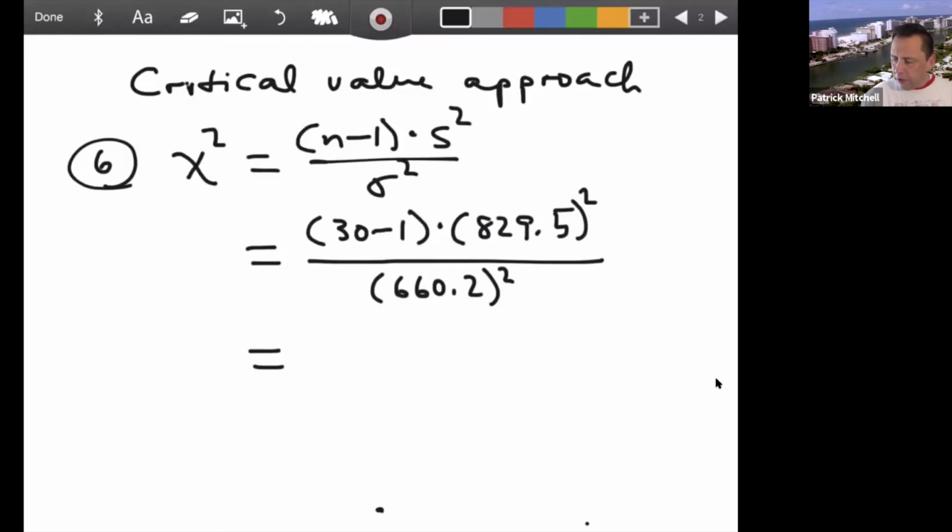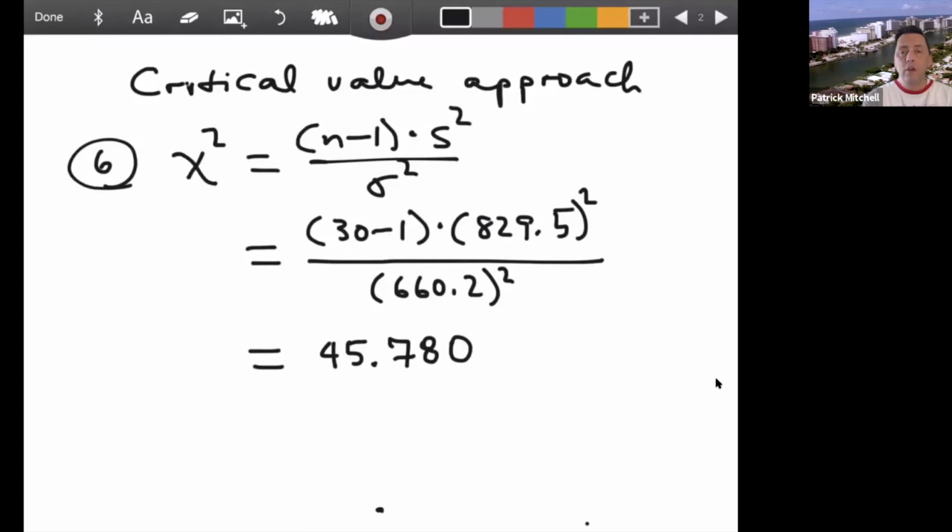All right, and when you crunch those numbers, you get 45.780. Okay, so that is our calculated value of chi-square. All right, so now we have to come up with our critical values.